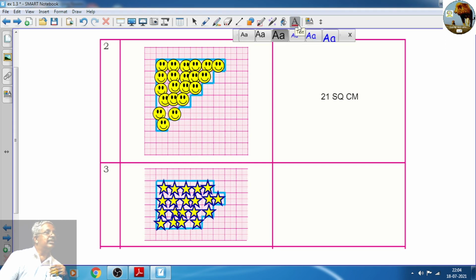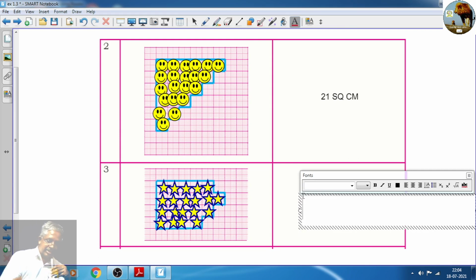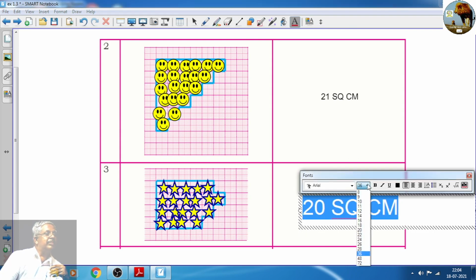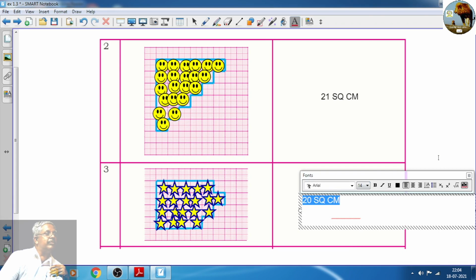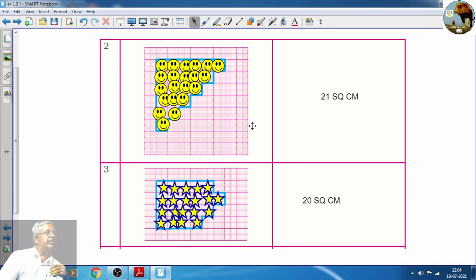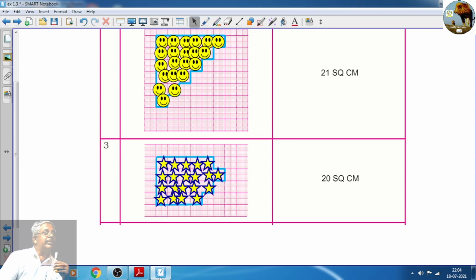Yeah, this one has 20 square centimeter. Again, I don't want a bigger size. Let me have it in the smaller size, which is 14, and I place this 20 square centimeter over here, and that's how the area of these figures will be calculated.